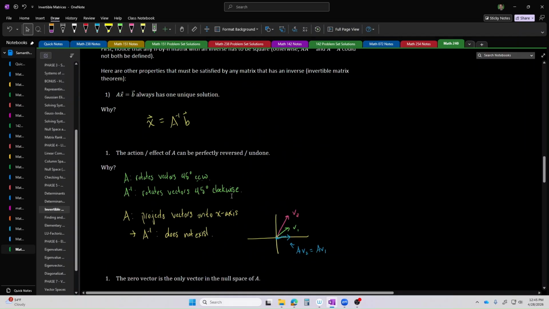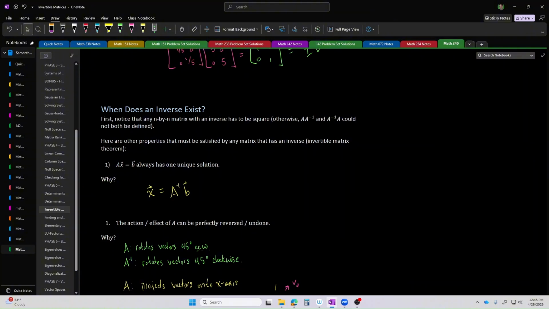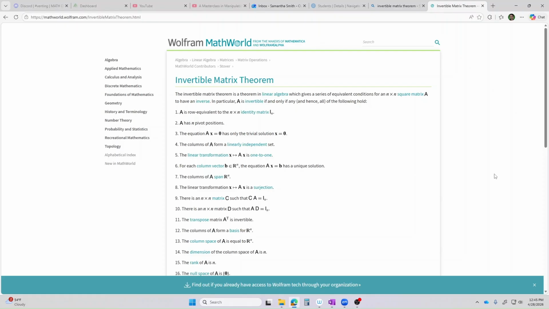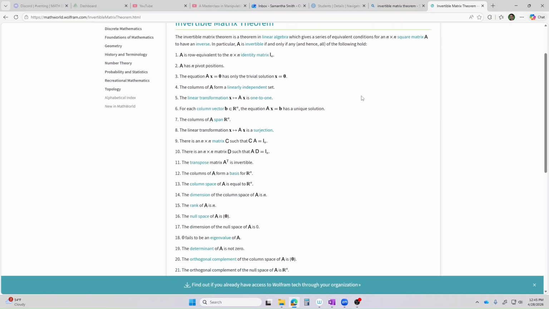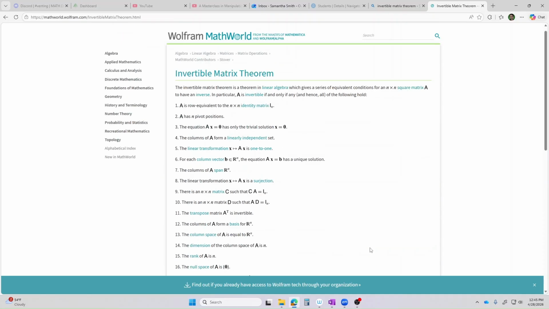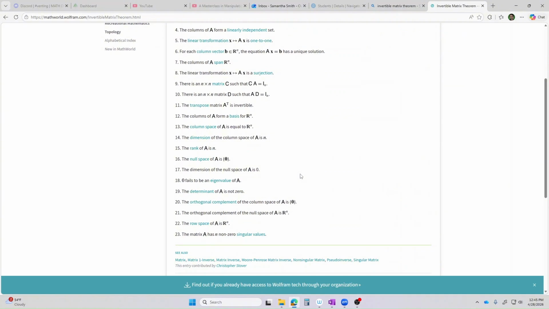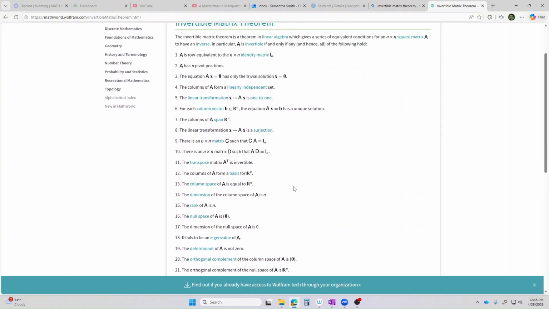This theorem that we are exploring here today, this so-called invertible matrix theorem, is incredibly famous. You can see on Wolfram MathWorld, for example, the invertible matrix theorem written here, and I think they've given even more conditions for invertibility than what we have given in our notes. 23 conditions in total, each of which can be used to check whether a matrix A is invertible or not.